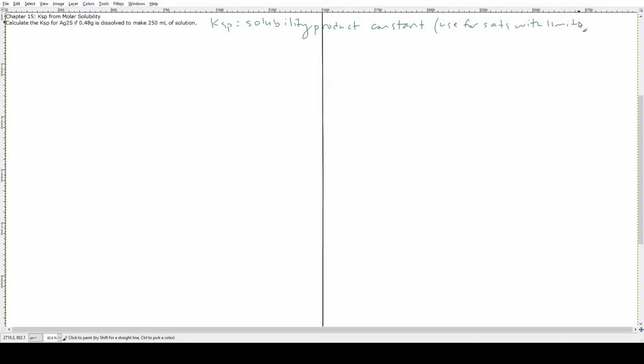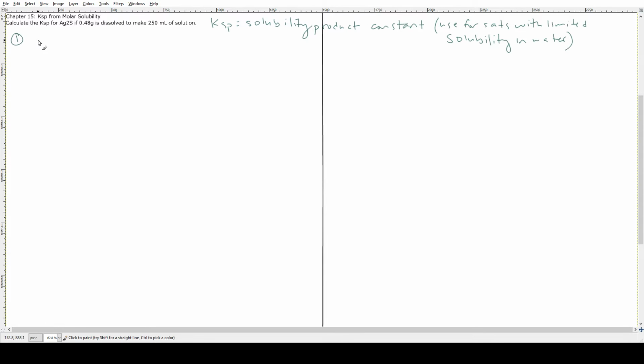Sorry about the messy handwriting. So in this case, we have silver sulfide. And what you'd want to have memorized, hopefully by now, is that silver is not super soluble. There are some things it is soluble with, but sulfur is not one of those things.